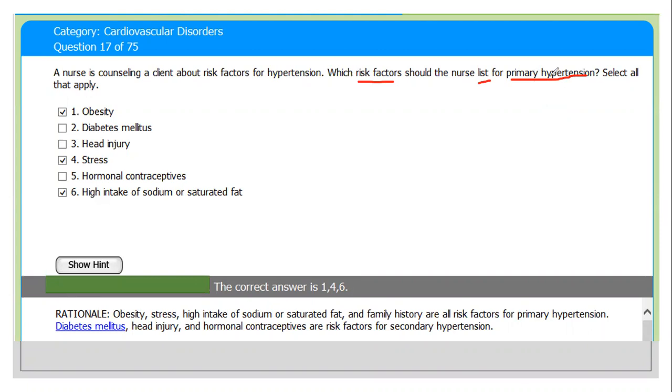Primary hypertension is more common and gradual in onset, usually appearing after 40, and signs and symptoms occur years after the onset of hypertension. Usually the patient has a strong family history, and it can also cause premature atherosclerosis, right?